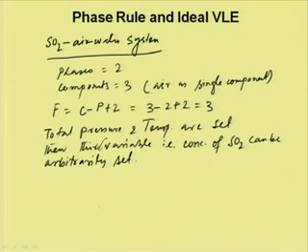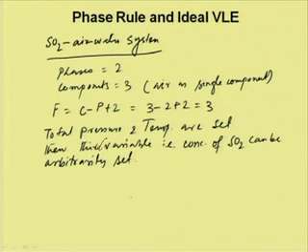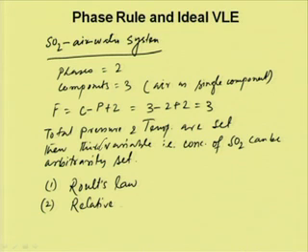This can be simplified if we consider the ideal behavior or ideal solutions. There are 3 ways we can define or relate this. One is Raoult's law, second is relative volatility, and third is equilibrium coefficients.